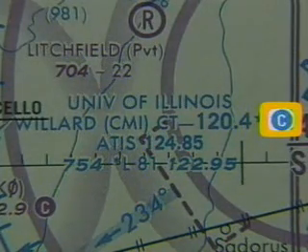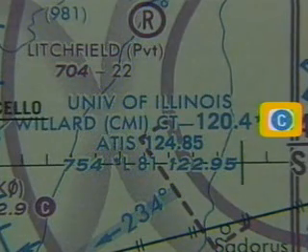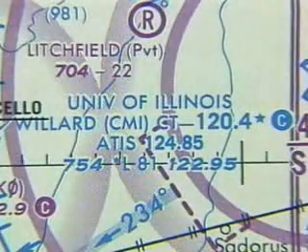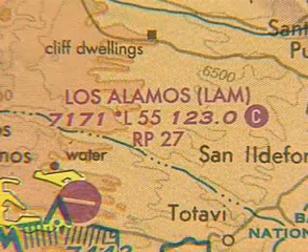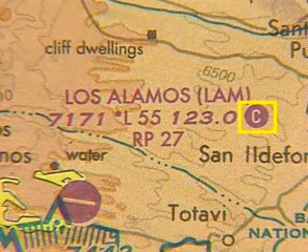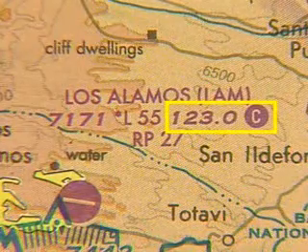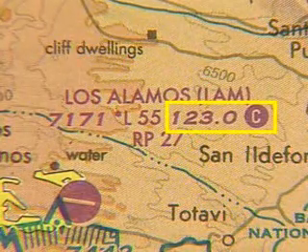The C symbol in the filled-in circle indicates that you should use the tower frequency as the Common Traffic Advisory Frequency, or CTAF, when the tower is not operating. The C symbol is also used to show the CTAF at the airport without a tower. In this example, the CTAF is the Unicom frequency.